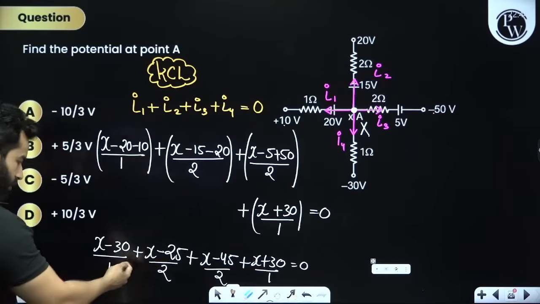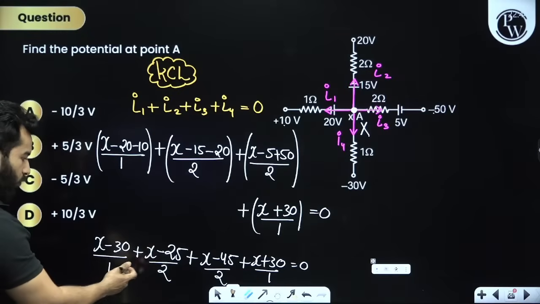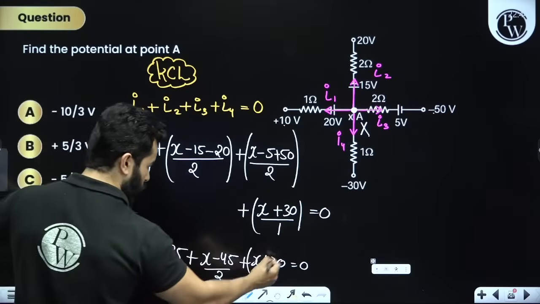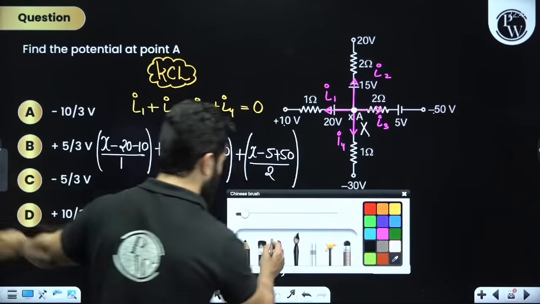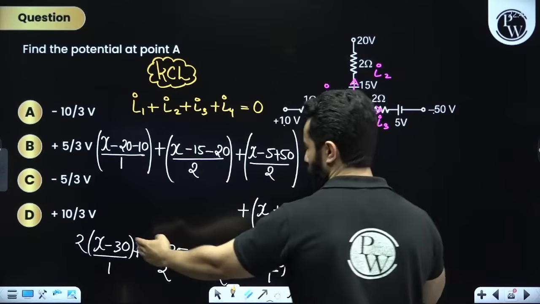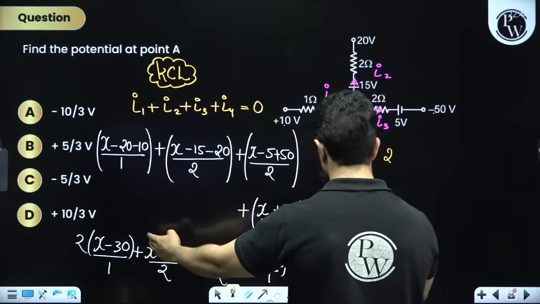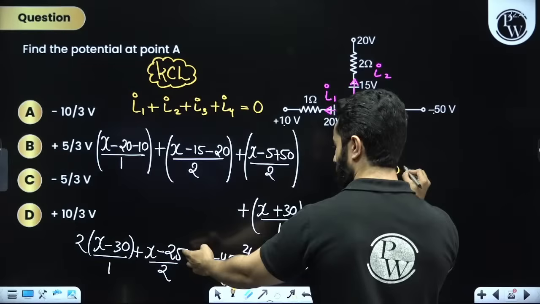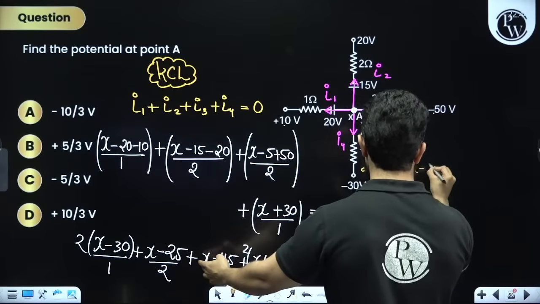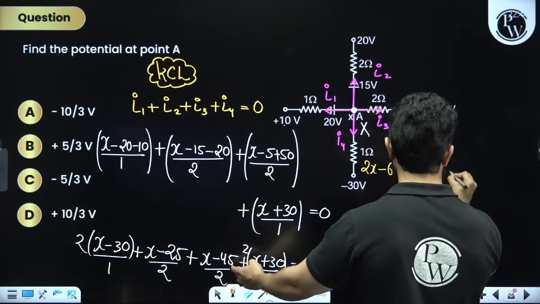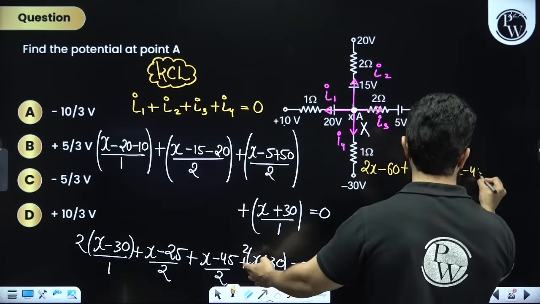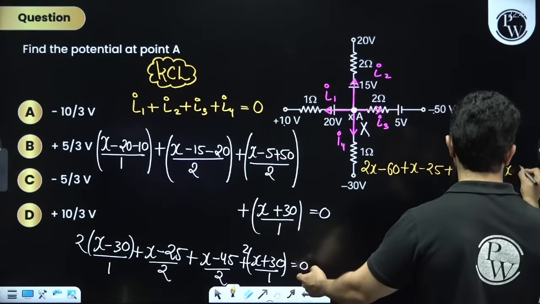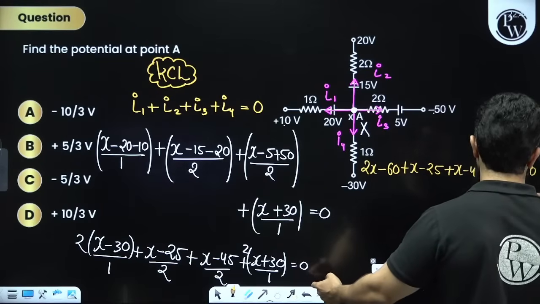Now to get rid of this 2, what I can do is I can multiply 2 over here, I can multiply 2 over here, and then finally I'll get, chalo, now you guys can solve this. This will become 2x minus 60 plus x minus 25 plus x minus 45 plus 2x plus 60 is equals to 0.